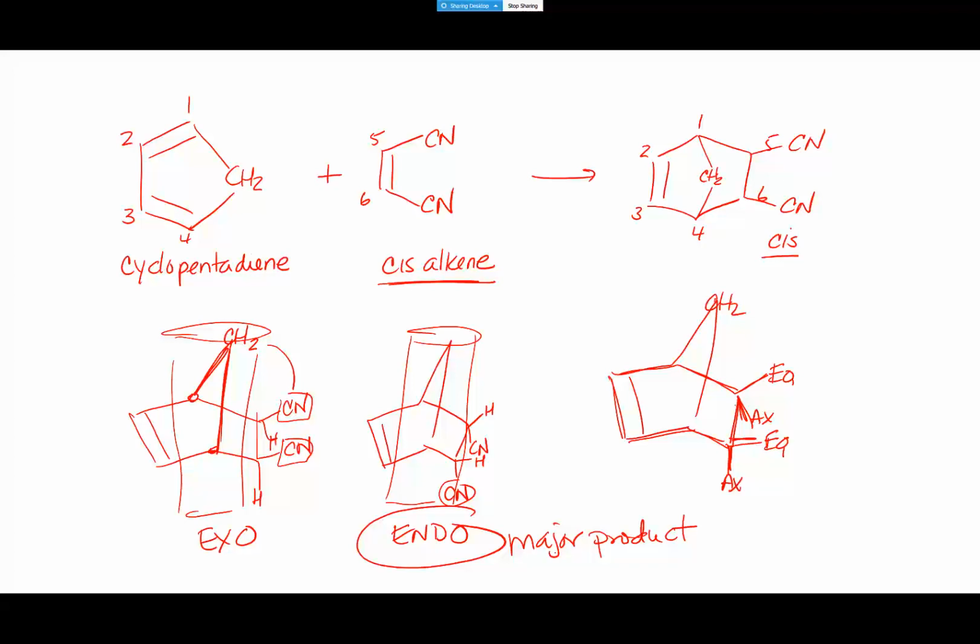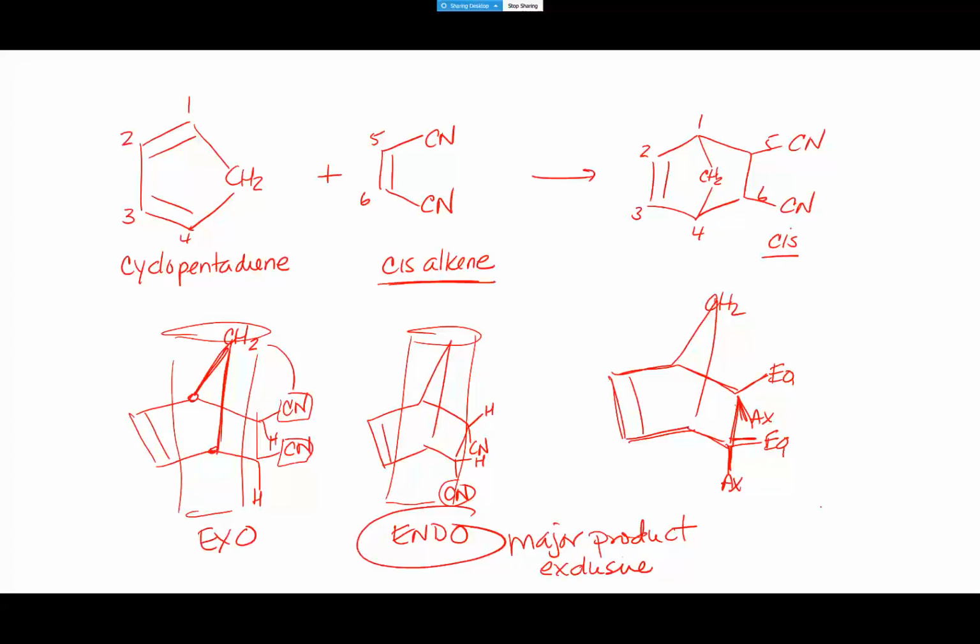We can argue major versus exclusive, but the endo product is the major product. So whenever you do a reaction with a cyclic diene and a cis alkene, you will always get the endo product as the major product.